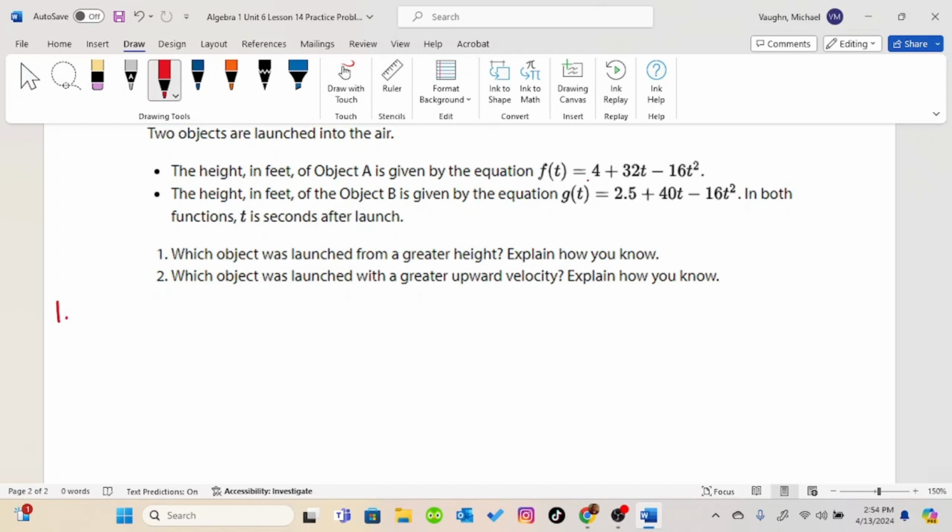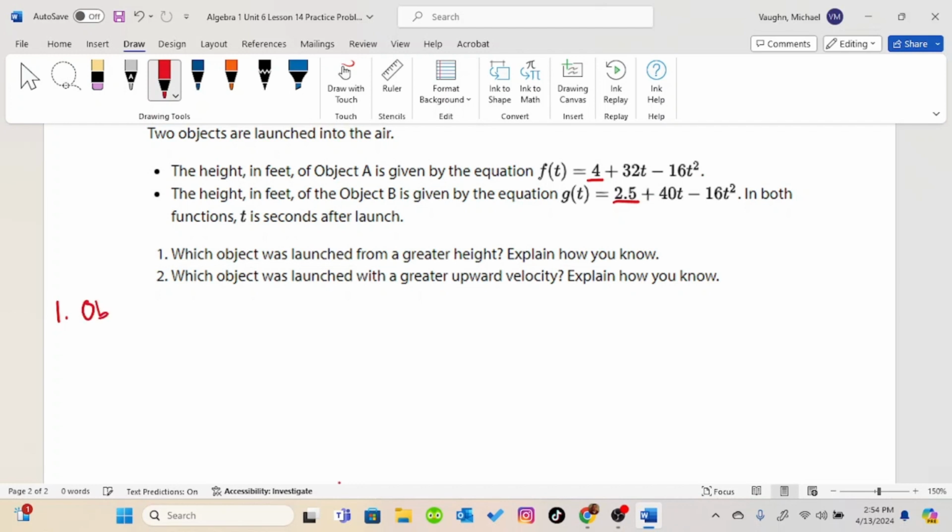The number only portion of the projectile motion equation represents the starting height. F of t was launched from 4 feet. G of t was launched from 2.5 feet.